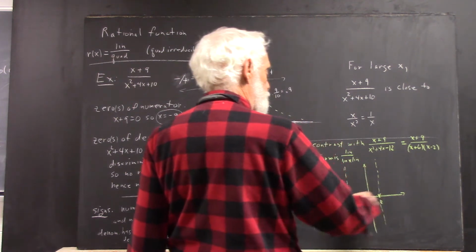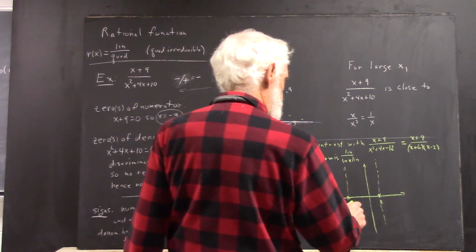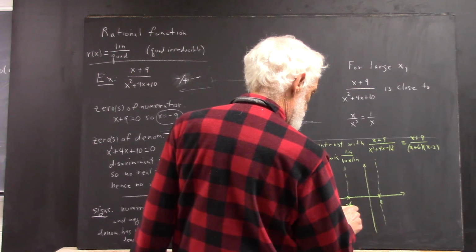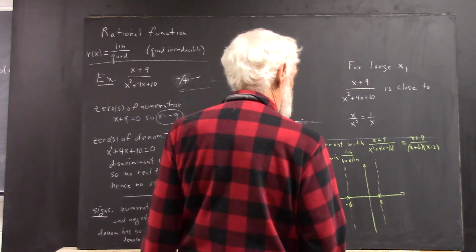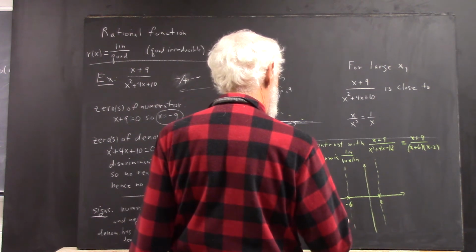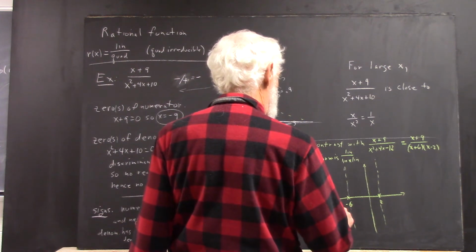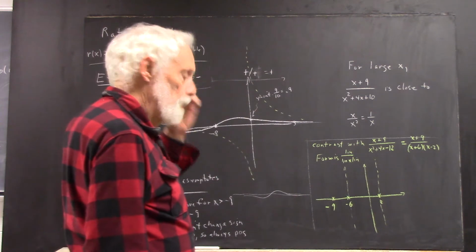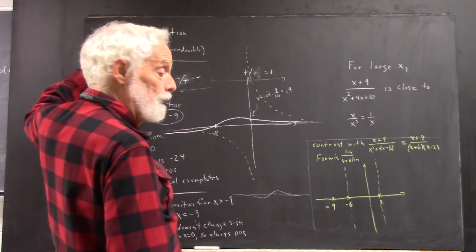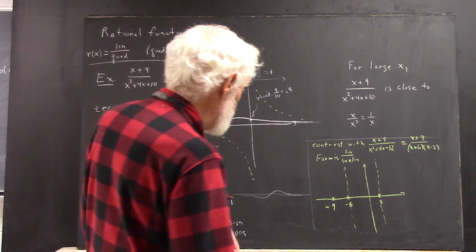I've been habitually using x's for zeros of the denominator, and what happened to my 6? Okay, and then at negative 9, we have a zero of the numerator, which gives us a zero of the whole function, because when you divide 0 by something that isn't 0, you get 0.